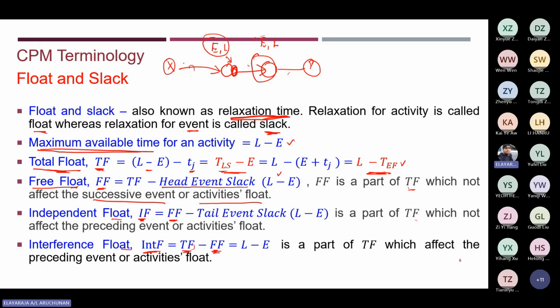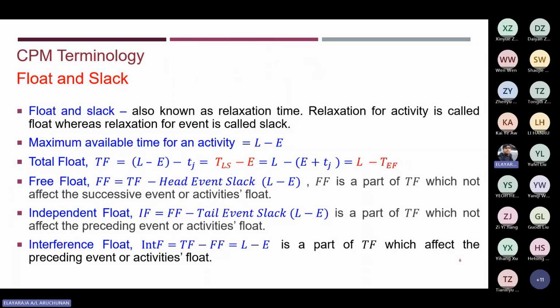Total float minus the free float gives you the interference float, which means that anything beyond that particular amount will definitely affect the overall project that comes after this, after that particular section of the event. All right, so these are the four formulas, all four floats you need to remember. It's very important in order to do the calculation.